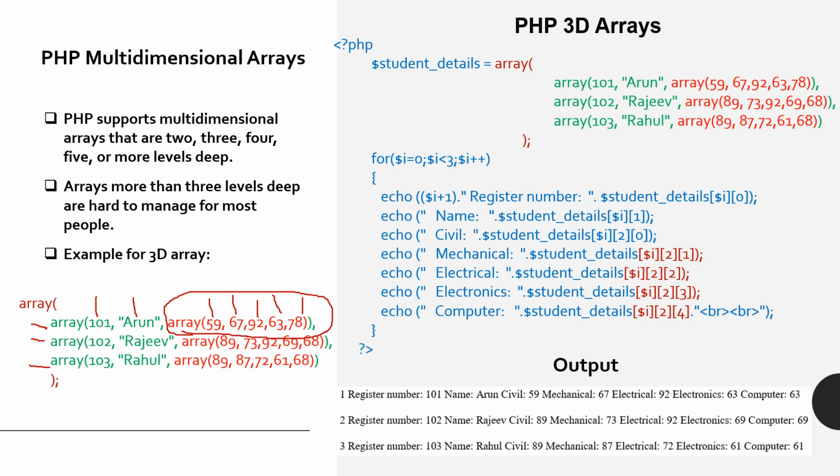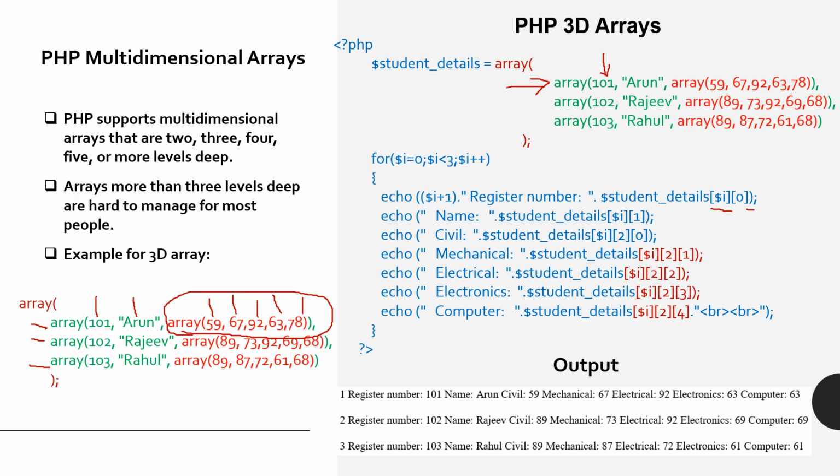Register number is index first row, first element, here 0th element.